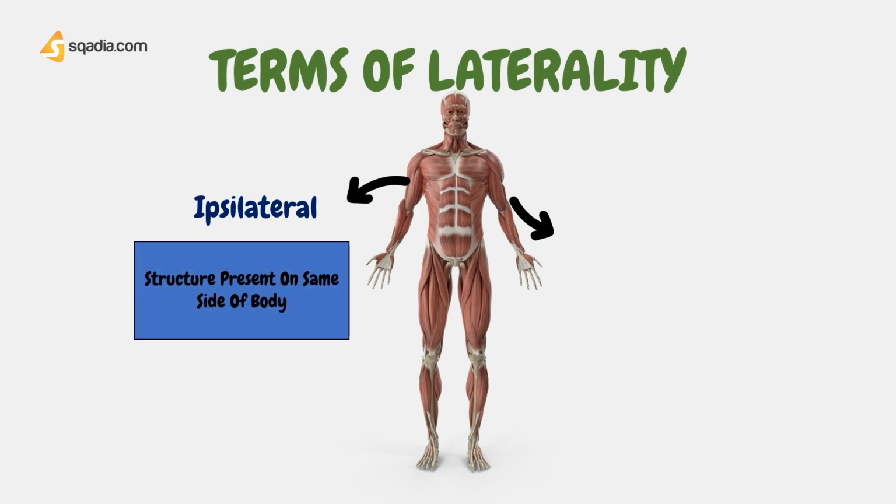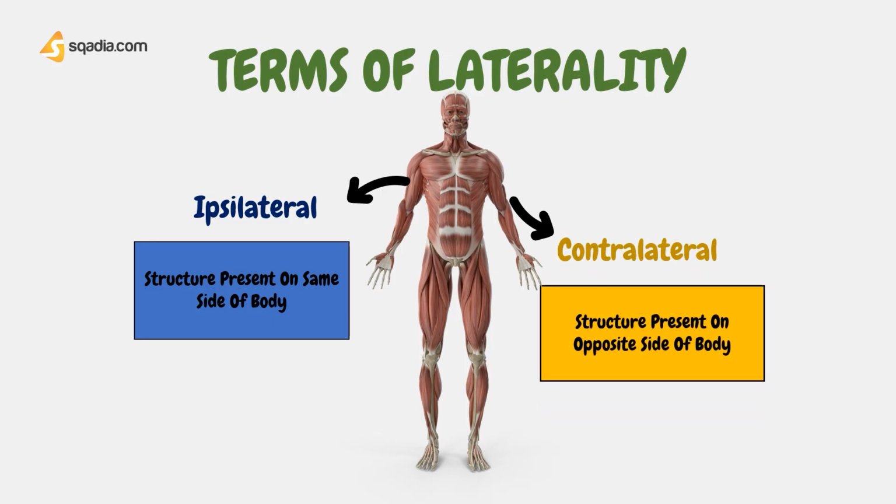For example, the right hand and right foot are ipsilateral. The second one is contralateral. The word contra means opposite. It refers to the structures present on opposite sides of the body. For example, the right foot is contralateral to the left foot.